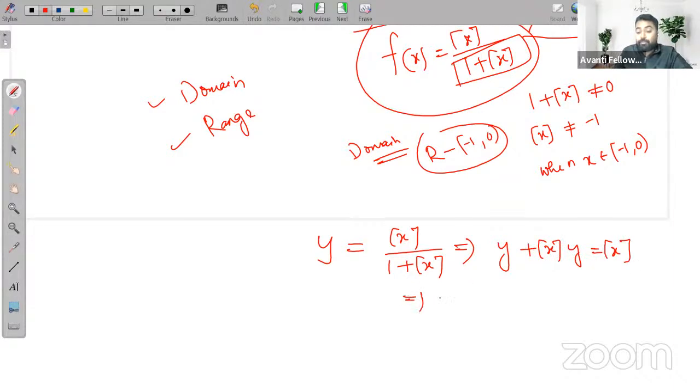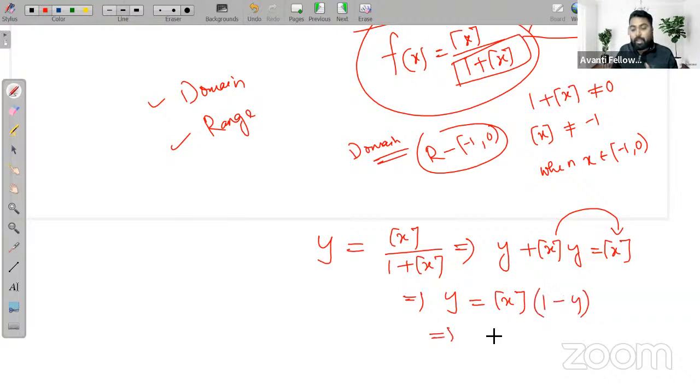Taking this term to the other side and taking the greatest integer of x as common, we have 1 minus y. That means greatest integer of x becomes y upon 1 minus y.